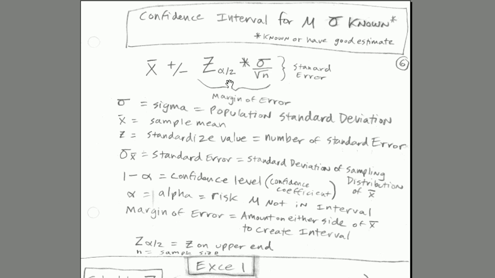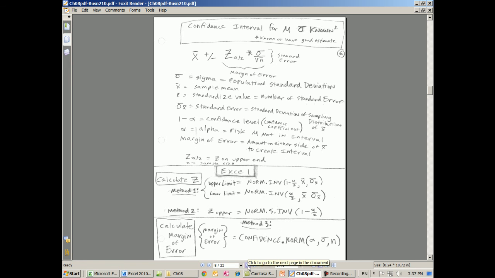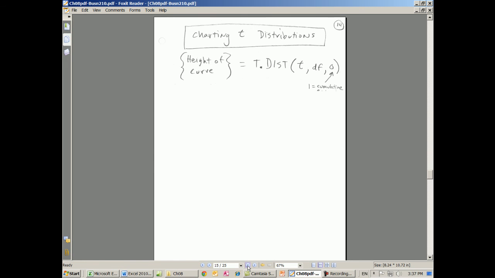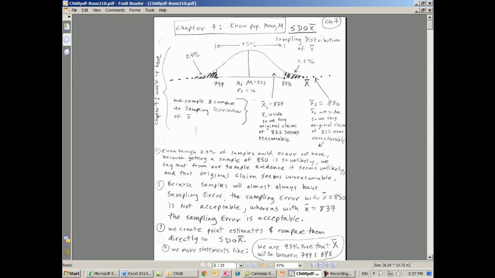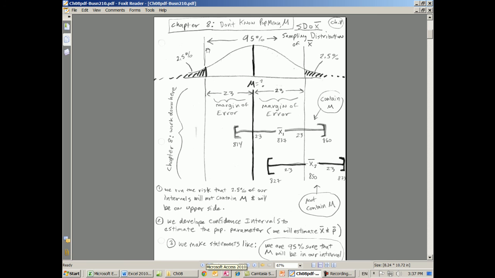Now, what's this alpha divided by 2? Let's go back a bunch of slides. I think all the way to 1. No, sorry, 2. Now, here's our picture. This is our sampling distribution of x bar. And again, we're not comparing directly to this when we're doing a confidence interval, but all the same math works. So watch this. If we're talking about 95%, the alpha, or the risk, is 5%.